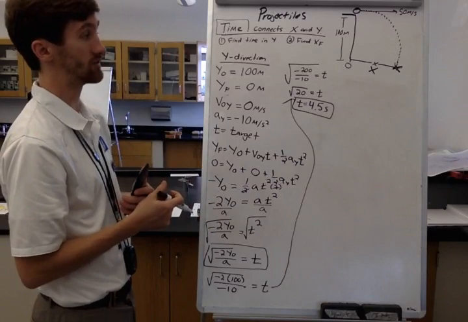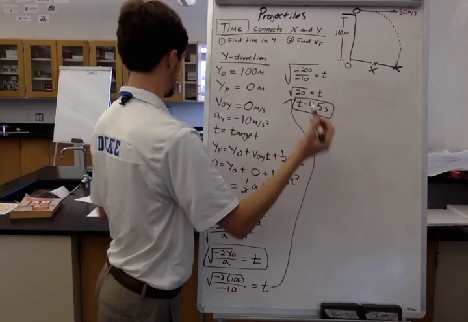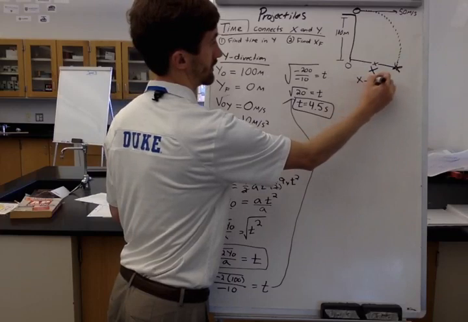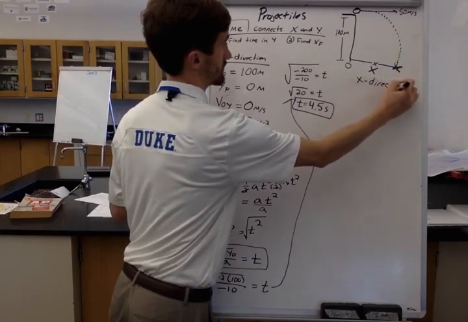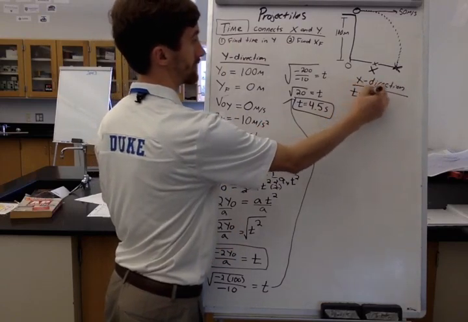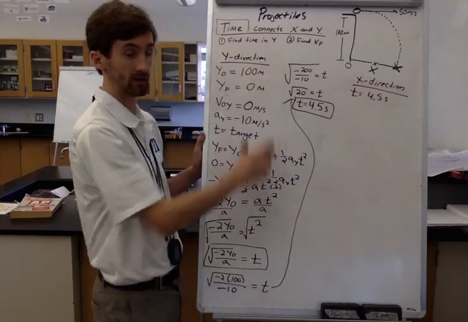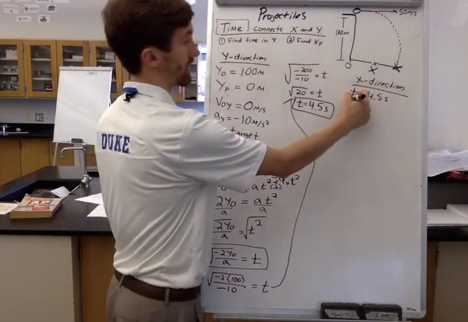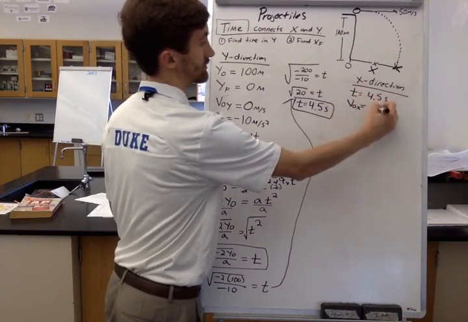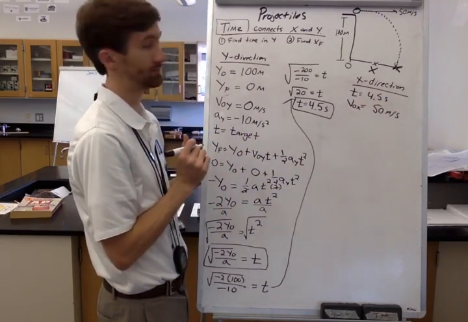Now we have to do the x direction, because we're going to use the x direction to find this distance. We know our time is 4.5 seconds. We figured that out here. We know that our initial velocity in the x direction is 50 meters per second, because it's given to us in the problem.